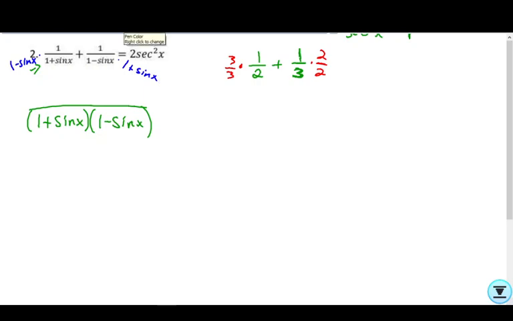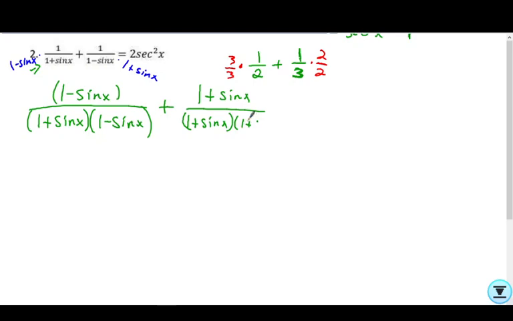So for this one, I get 1 minus sine x on top plus 1 plus sine x over the same denominator. Sorry, it should be minus. So when I do common denominators, I get their conjugates.